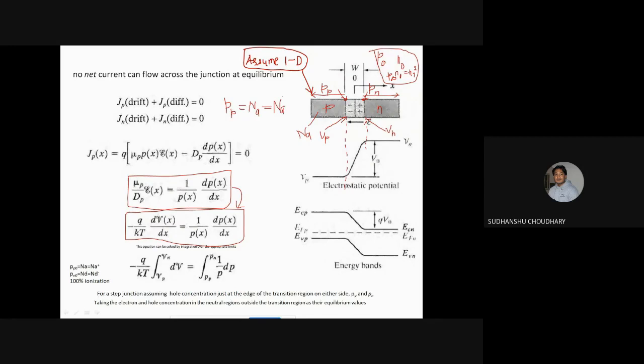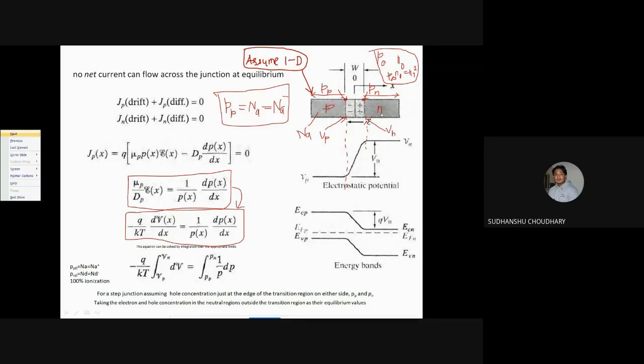So I can say that my equilibrium hole concentration in a p-type semiconductor, which is Pp, is also equal to P naught.